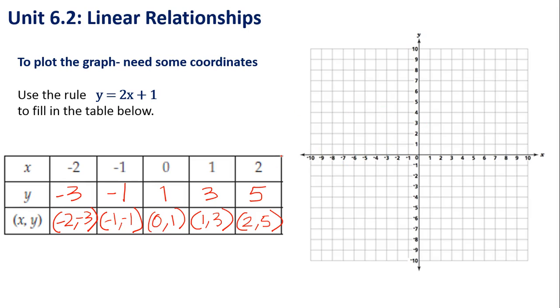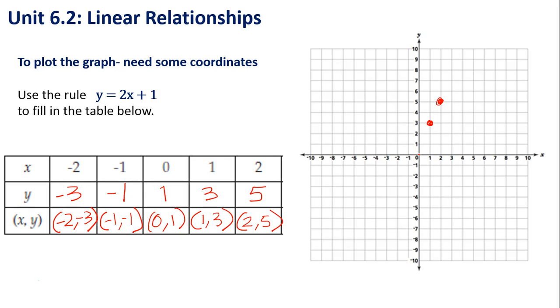Again, I'll start from the right, and I'll quickly plot these. Remember, the first coordinate is the x value. So we go across on the x-axis to 2 and then up to 5. We'll plot that one there. The next one, 1, 3. We go across to 1, up to 3. 0, 1.